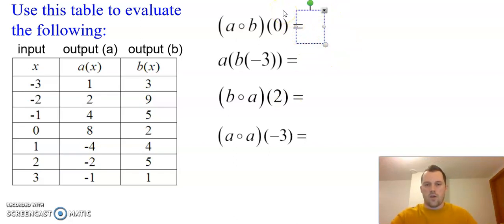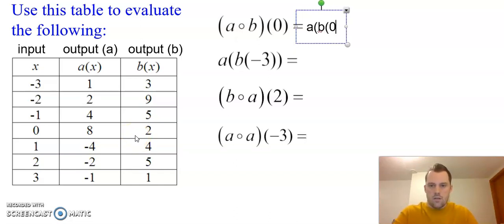Remember, we're going inside out. 0 is the input; that's the only thing we can really do to start. So we're going to input 0 into our b function, which gives us an output of 2. The way I like to write this is to rewrite it like this.